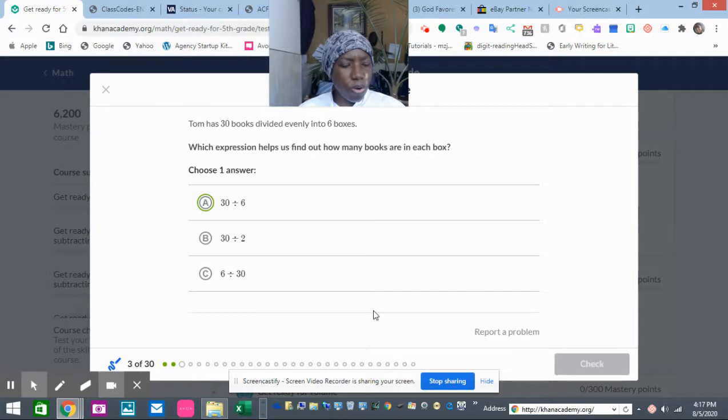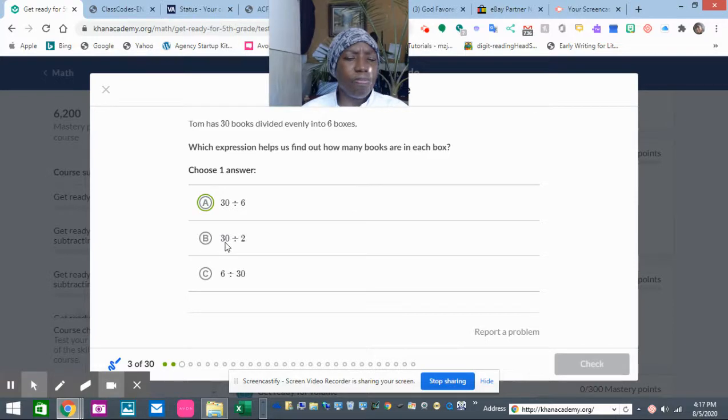Okay. So either you're going to do one or 2 things. You're going to go down here and push the scribble. Then you're going to go 30 divided by 6. It says Tom has 30 books, so you put the word books up here, and then divided by 6 boxes, and you put the word boxes here.